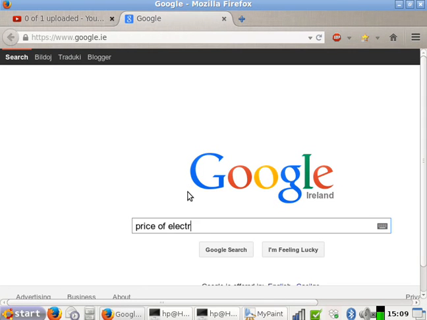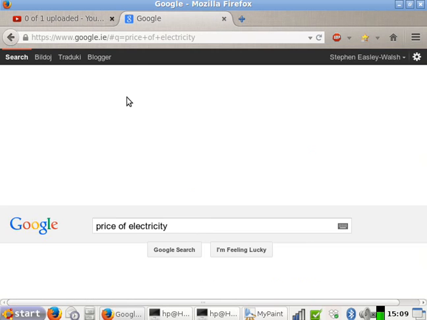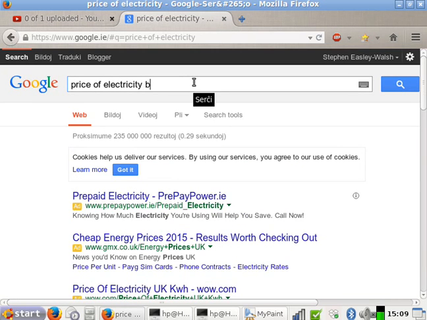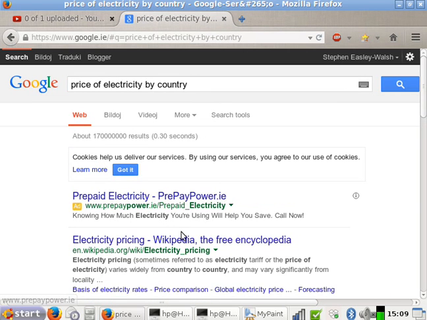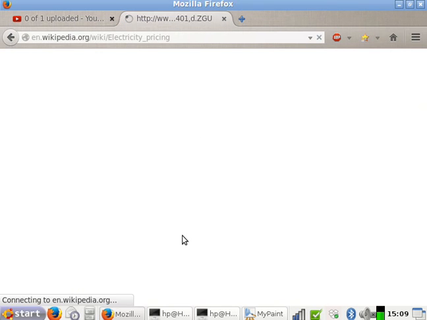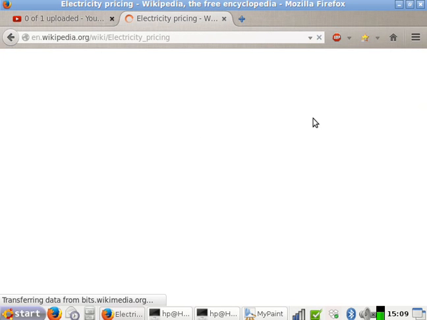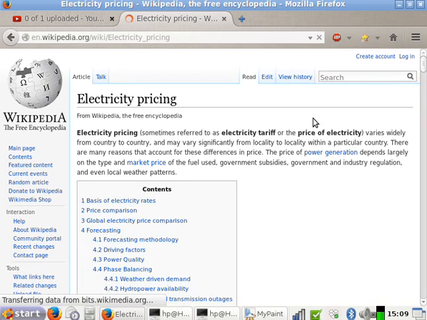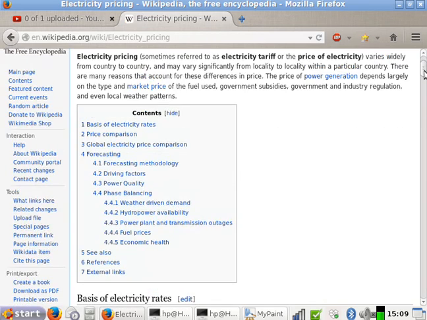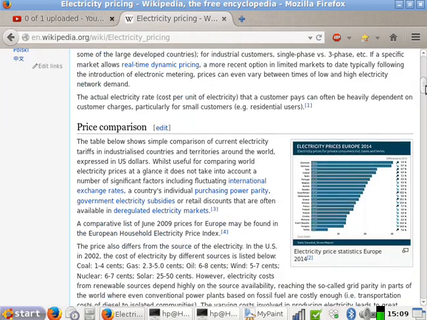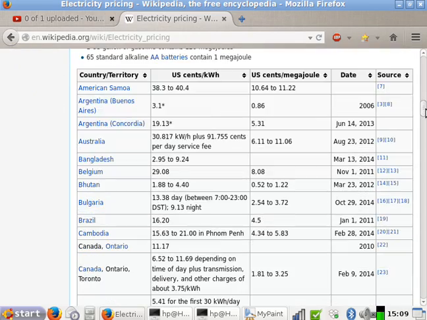Price of electricity by country. Let's have a look. By country, maybe there's a nice table here. Oh yes, that's good. So here the currency is US cent per kilowatt hour.